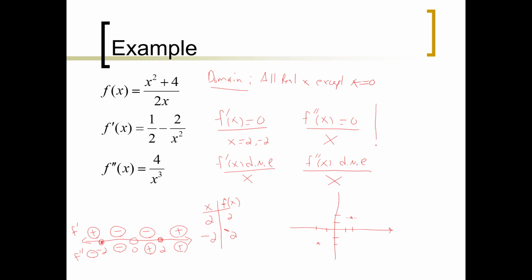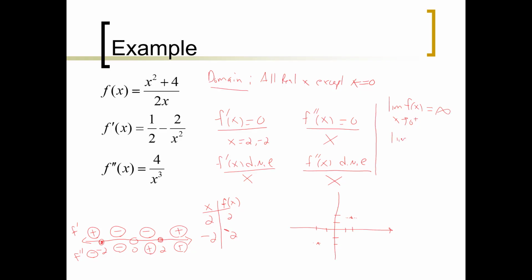Well, I also have to check my end behaviors. If you take the limit of this function as x approaches 0 from the right, notice that the numerator is 4 and the denominator is 0. Since I'm coming from the right, the function is unbounded, and since the numerator and denominator are both positive, I would get infinity.